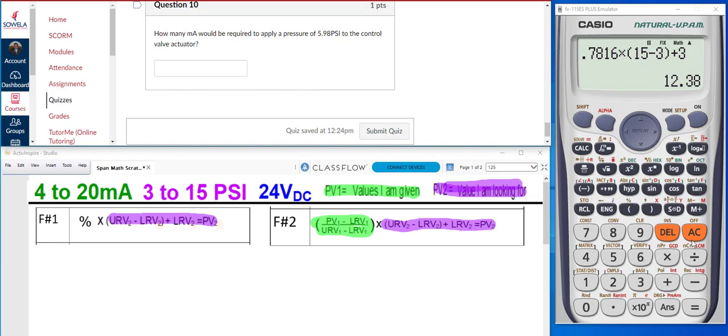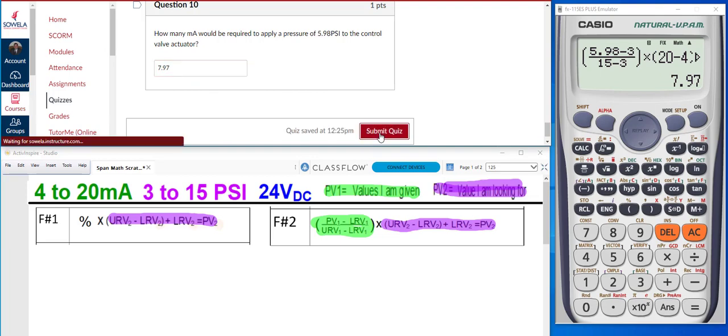So I'm looking for milliamps and I'm given PSI. 5.98 minus 3 over 15 minus 3. 3 to 15, that's my range, times, open this, milliamps, 20 minus 4 plus 4, 7.97.